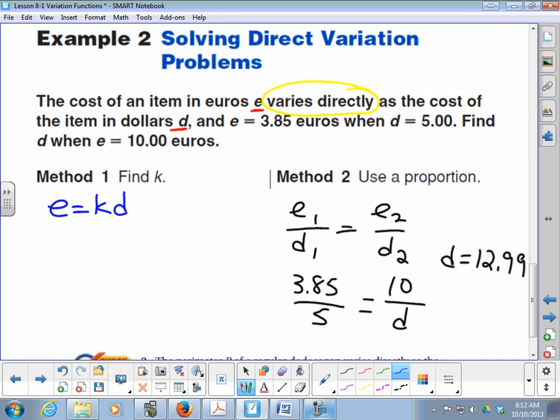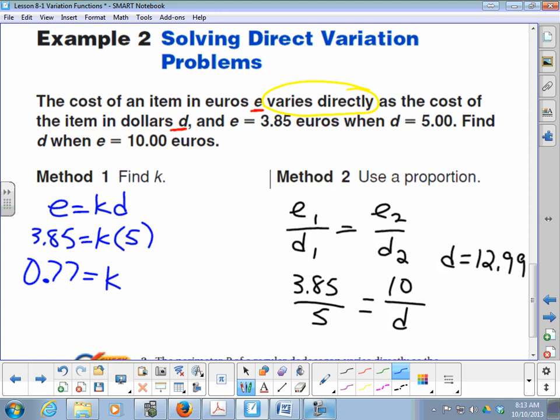When it says this thing varies directly as the other thing, that means that the first thing is your Y, the second thing is your X. So we could have used these first two numbers to find the value of K, that constant of variation. And so what's 3.85 divided by 5? Point what? 0.77. 0.77, okay.